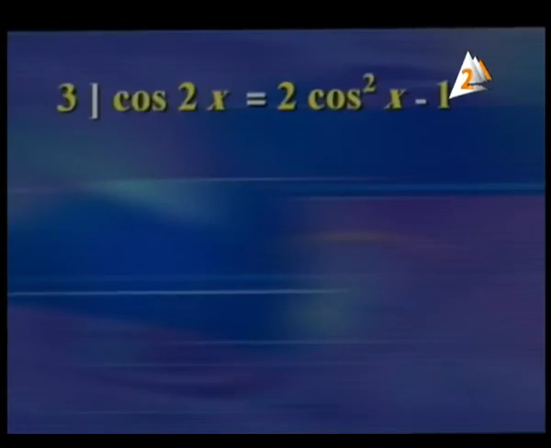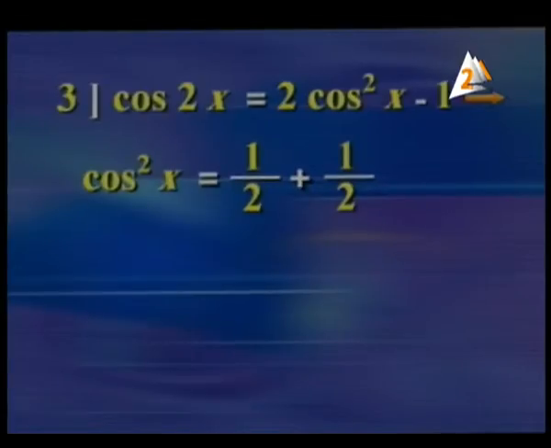Then cosine 2x equals 2 cosine square x minus 1. Then cosine square x equals half plus half cosine 2x. This is very important.